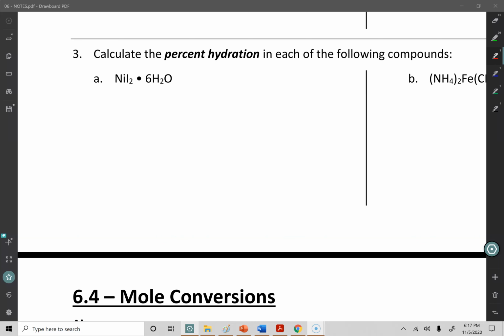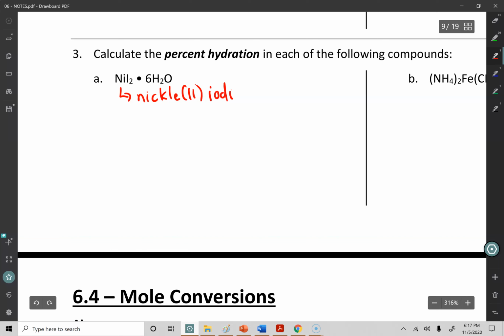Okay, so we're asked in question 3 to calculate the percent hydration of each of the following. And let's take a look at NiI2·6H2O. So not that it's really part of this question, but the name of this compound would be nickel 2 iodide. We use the same prefixes for hydrates that we do with covalent compounds.